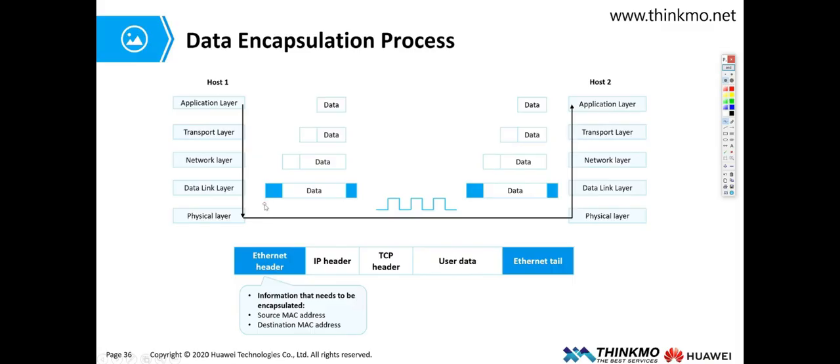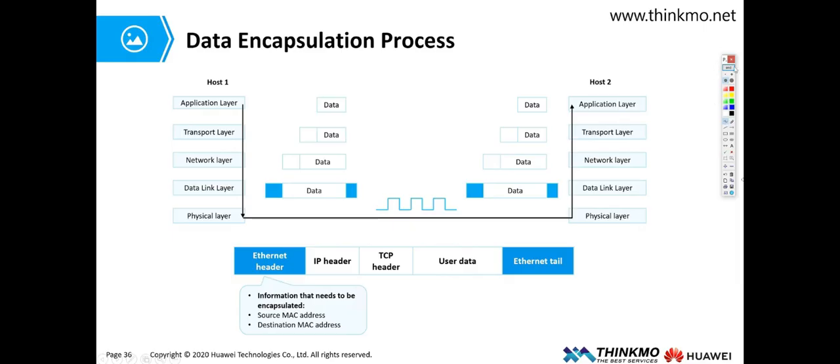When we reach layer 2, we need to encapsulate it with Ethernet, including its header and trailer. In this context, we need to encapsulate our source MAC address and the destination MAC address. They need to be properly filled in before we can send them.